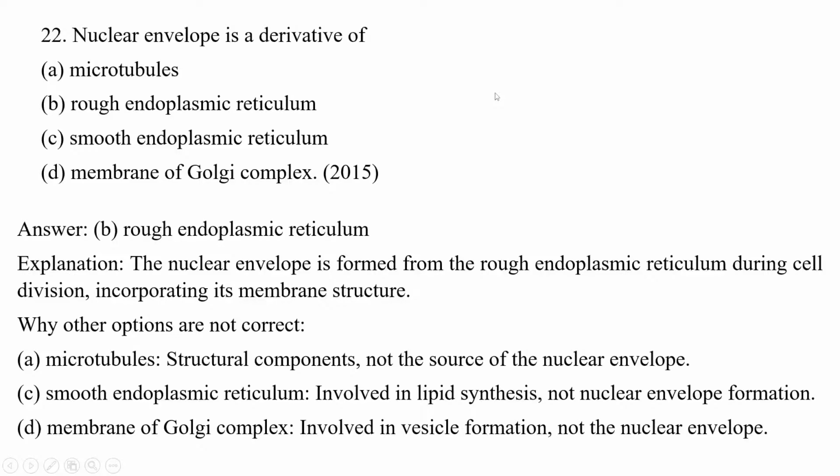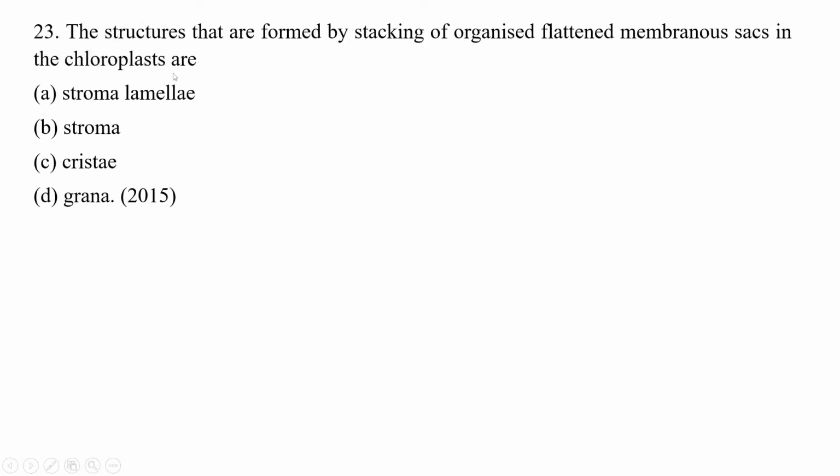Let's move to the next question. The structures that are formed by stacking of organized flattened membranous sacs in the chloroplast: stroma, stroma lamellae, grana, or cristae.